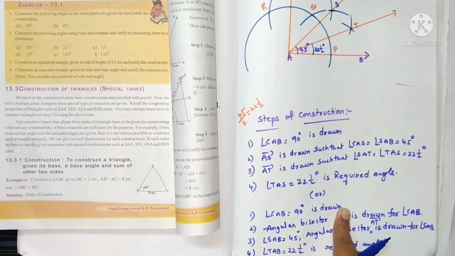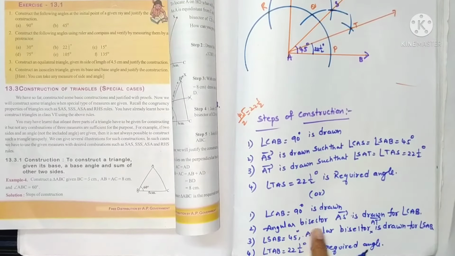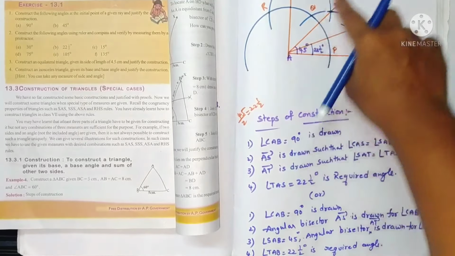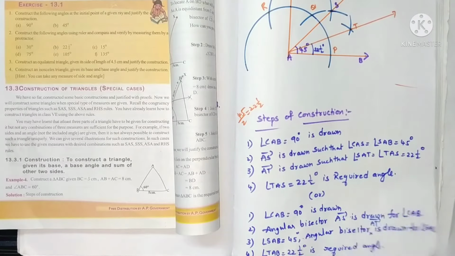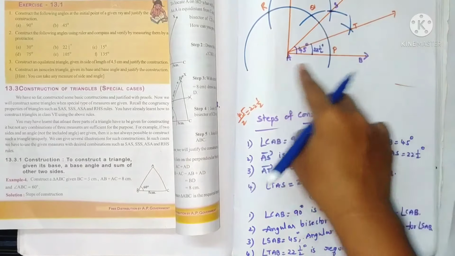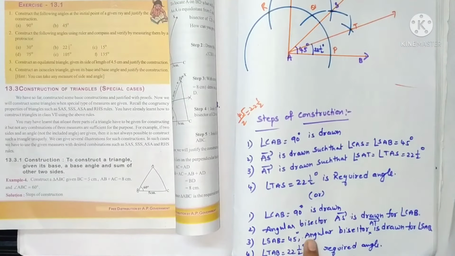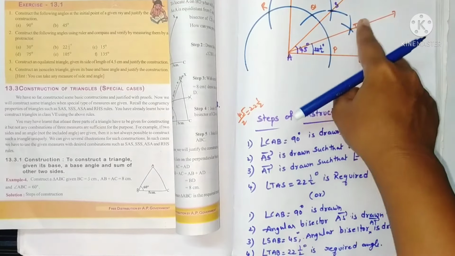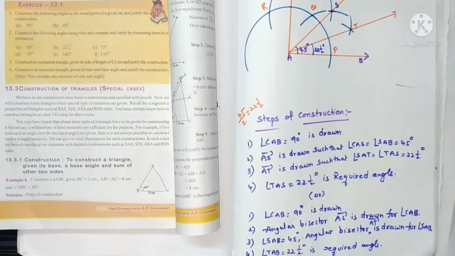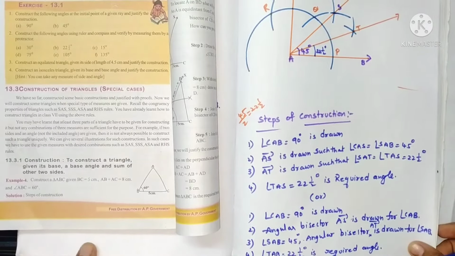First 90 degrees is drawn and angular bisector AS is drawn. Angle CAB ki angular bisector draw chesamu. So angle SAB is 45. Again angular bisector AT is drawn for angle SAB. So finally angle TAB equals 22 and half is the required angle.